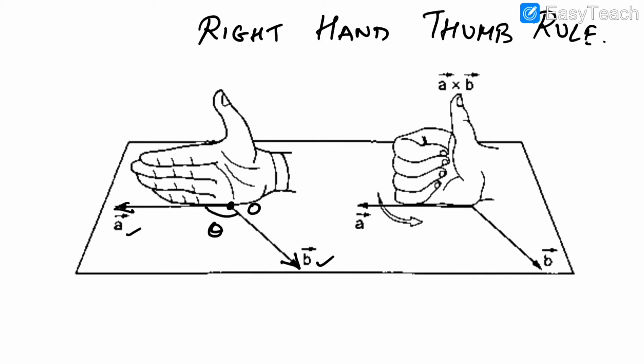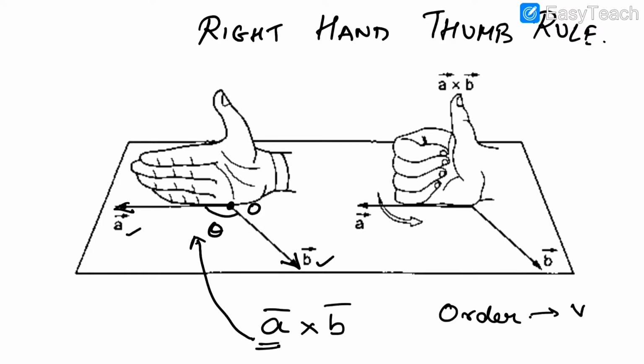Why A vector? Since we are doing A cross B, you first point your hand in the direction of the first vector. A cross B is not B cross A. We'll come to that later. So the order of multiplication is very important. Remember this.